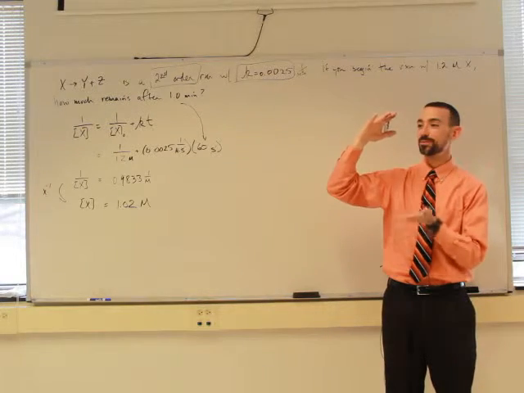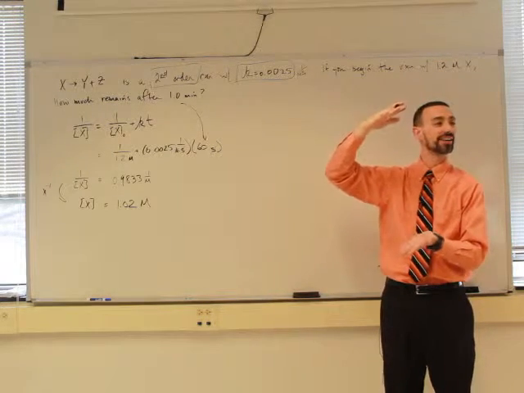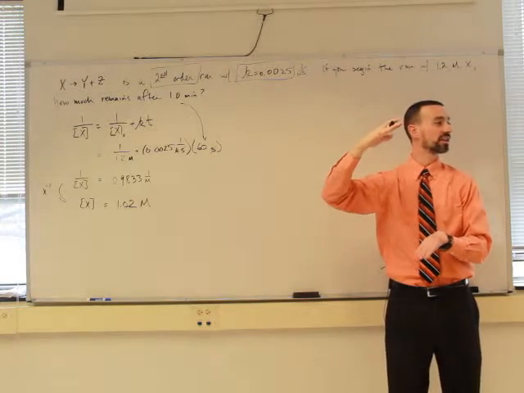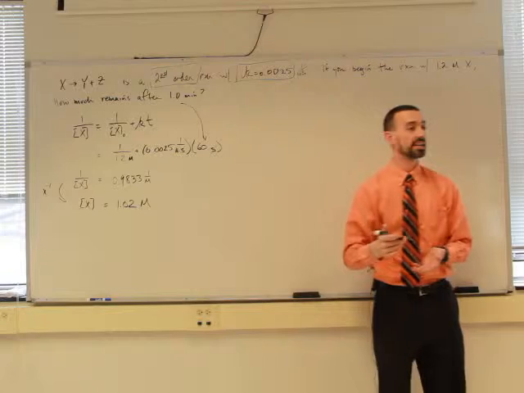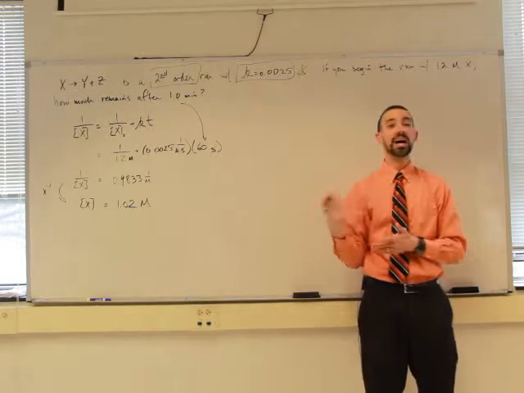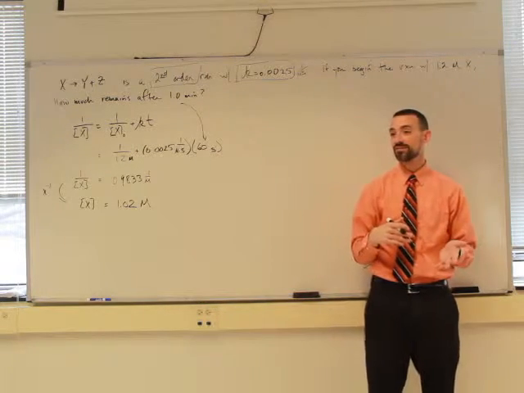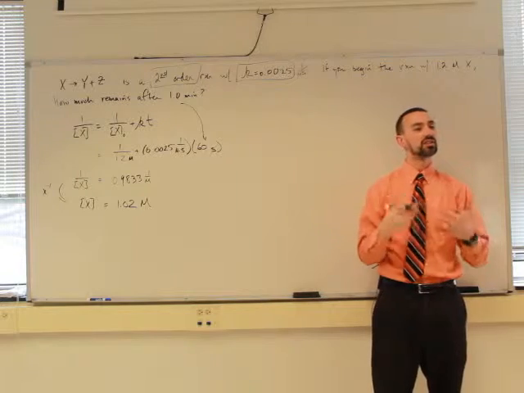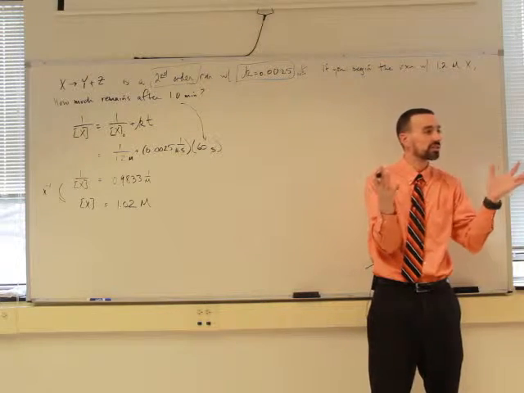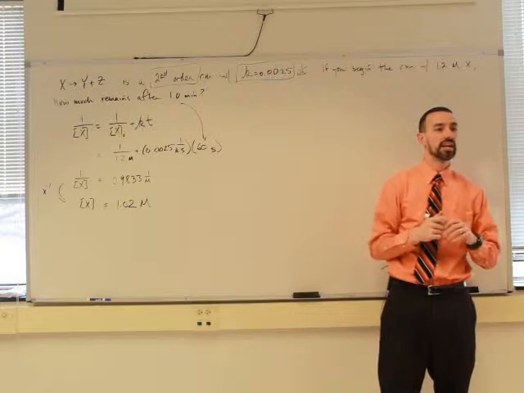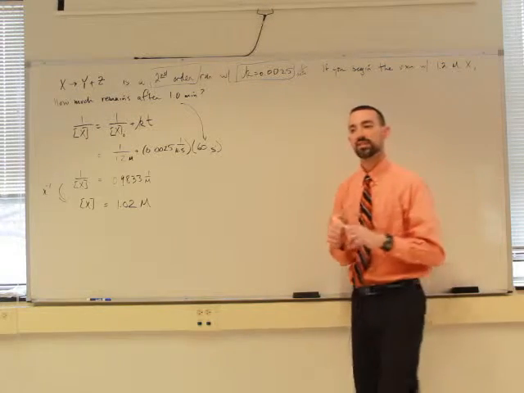So you've got to get a number between 0 and your starting value when you're asked about a concentration. If we flip this around and do a time problem, we'll do that in a second. You've got to get a time that's positive. You can't get negative time, right? All right. So you start to think about what are the reasonable windows for an answer, right? And it helps you have some confidence in your answer.